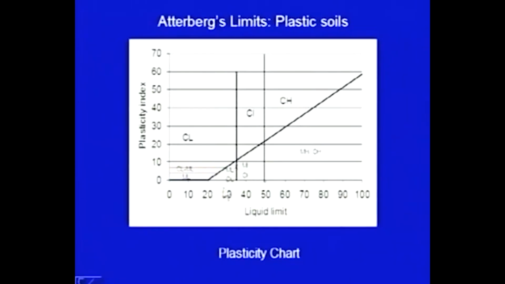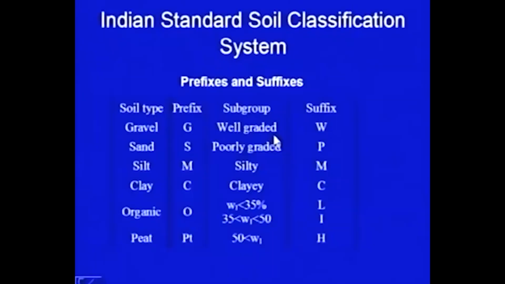Here it is 0, this is 35, this is 50. So, if it is in this range, it will be clay of low plasticity. If the point is somewhere here, it is clay of intermediate plasticity. Here it is clay with high plasticity. This is a line which demarcates the MH soils, MI soils from CI and CH soils. So, based on this plasticity chart, the cohesive soil has to be classified.